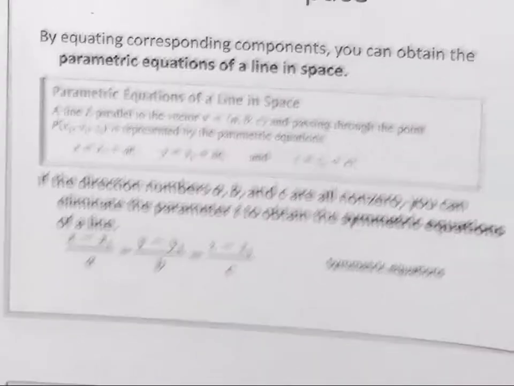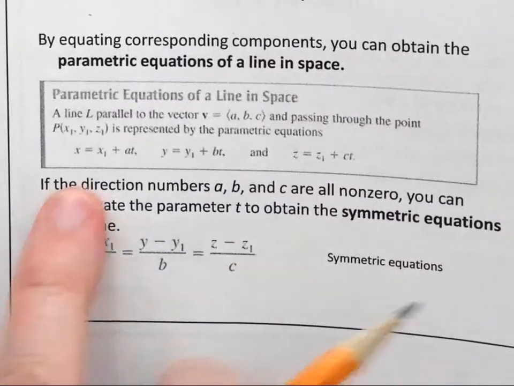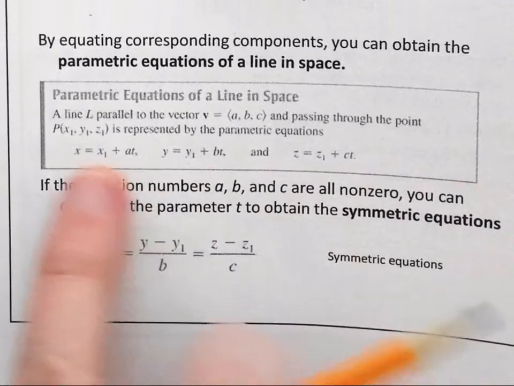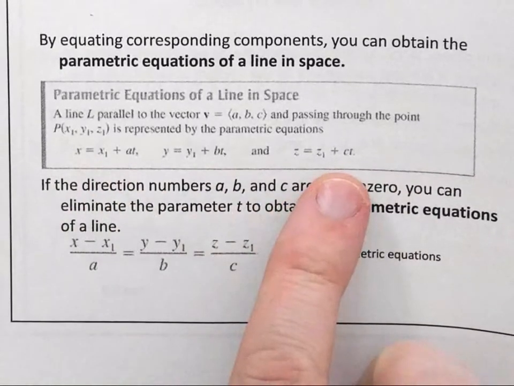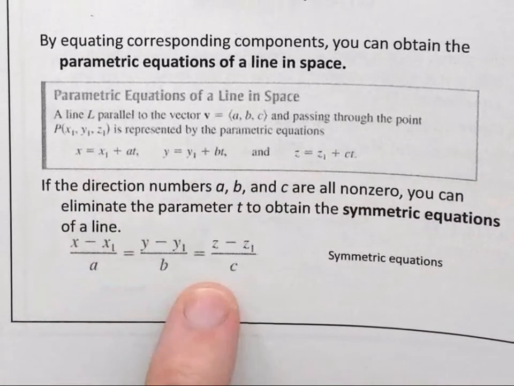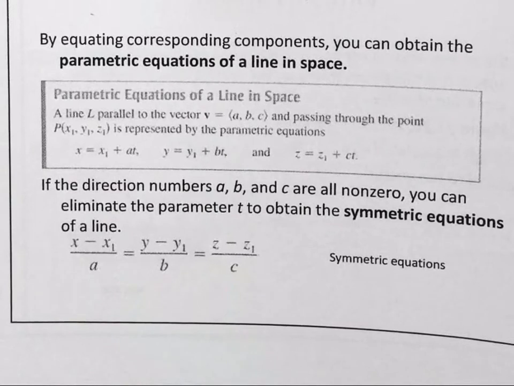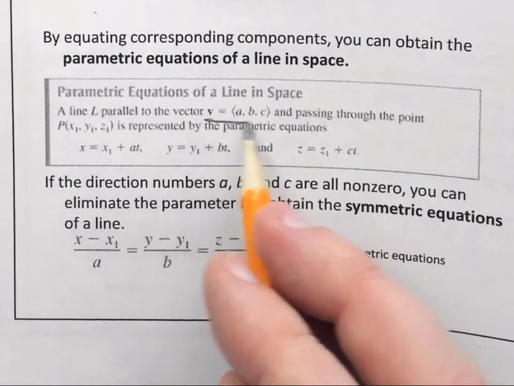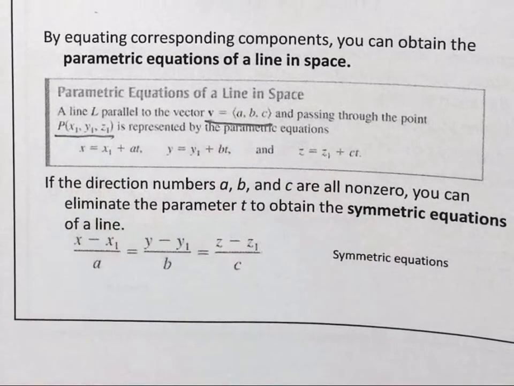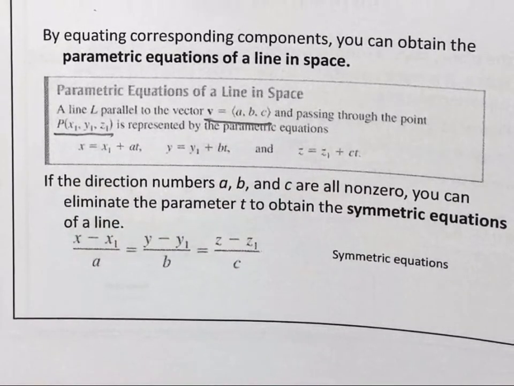You can also have what's called a symmetric equation, which is what t is equal to in each case. Well, if t is equal to the same thing each time, then you're just solving for t. That means all 3 of those fractions would have to be equal. So you need to be able to write both a parametric equation and a symmetric equation. But they all come down to the vector ABC and the point XYZ, and plugging those in.